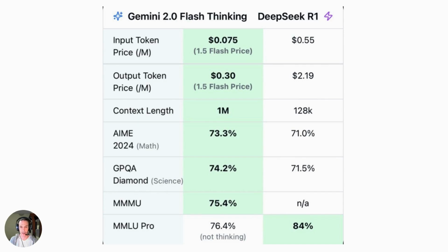You can compare all the stats. It's not a thinking model, but it still does really good results for almost nothing. And the actual costs, if we look at the 1.5 price, this would be what you'd be paying if they keep the same pricing scheme.